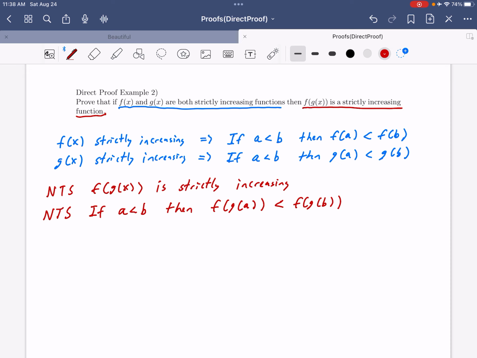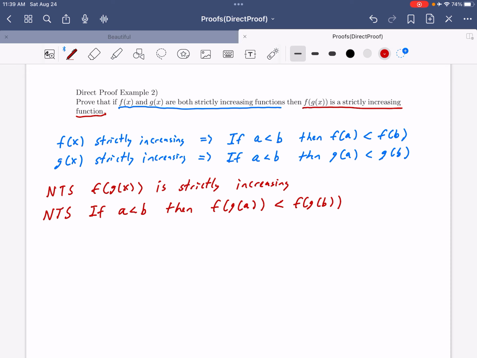Okay. Now, one thing before we actually start this proof is I'd like to just sort of contrast the definitions that we're using here, right? Stylistically, this example is very similar to the previous example, but notice that the definition here actually includes an if-then, right?